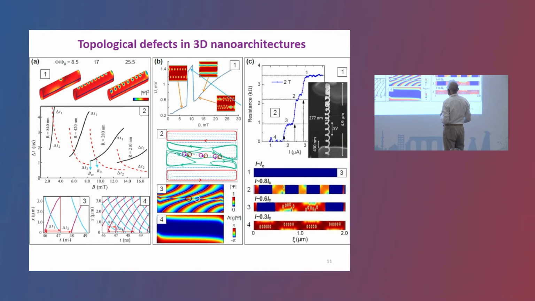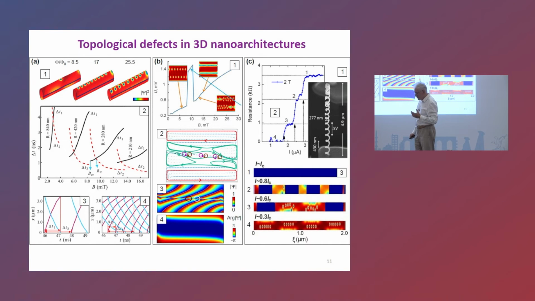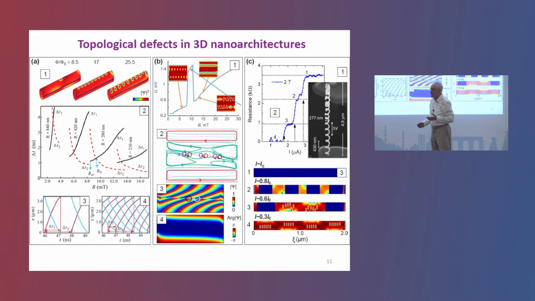But if we increase the transport current towards critical values, we arrive at a very interesting and unexpected topological transition: instead of arrays of vortices, we will see phase slips, like shown here in the bottom part. But this is an announcement. Let us go to the next slide.